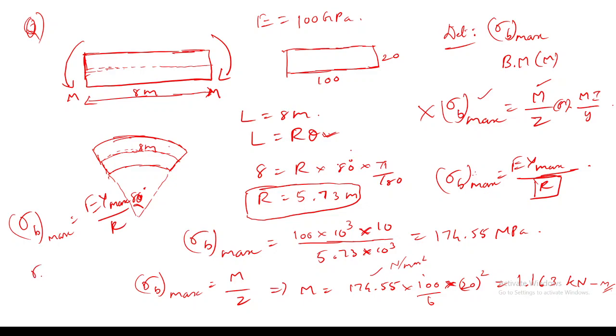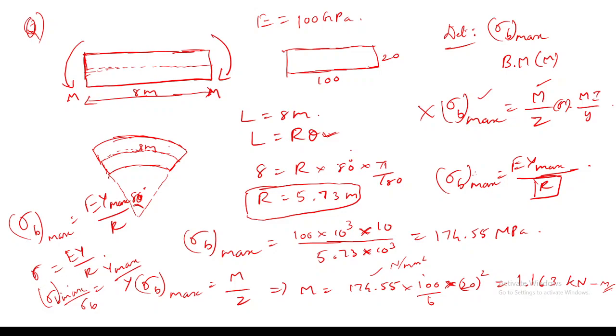And from the bending equation, what can I write? E into y by R. So based on this, I can write sigma b max divided by sigma b, which is equal to y max divided by y.